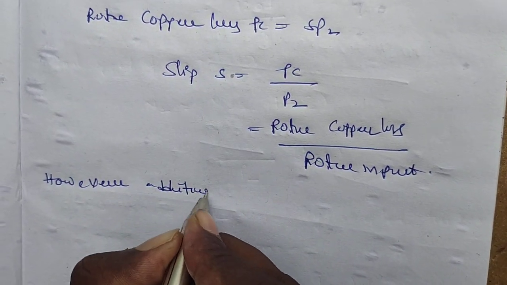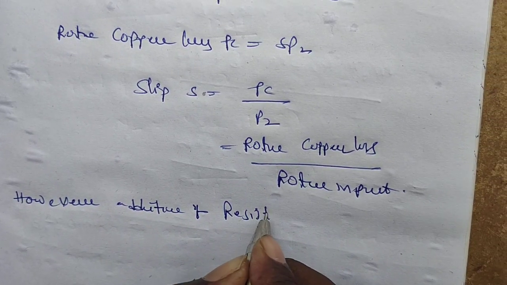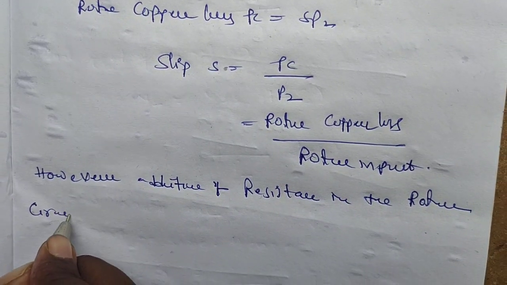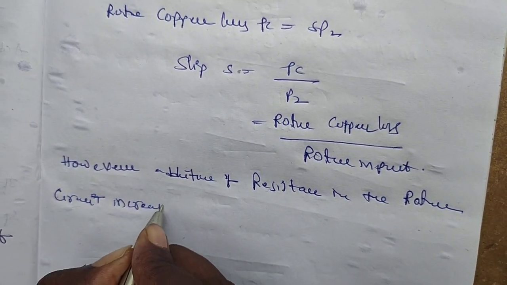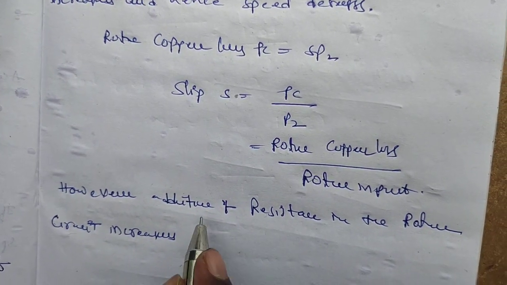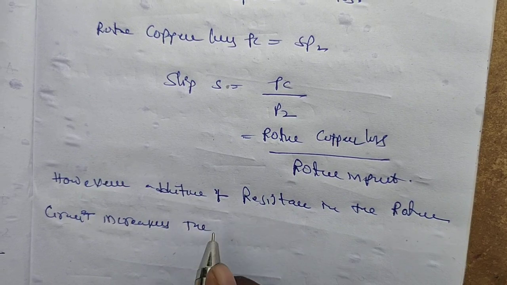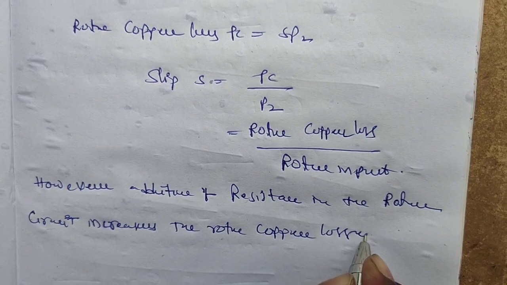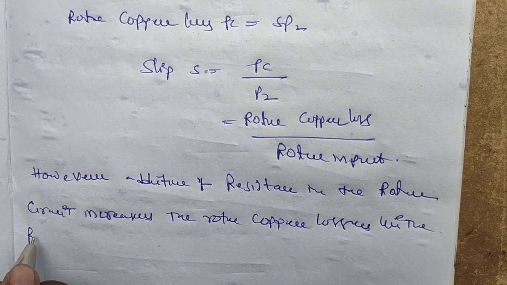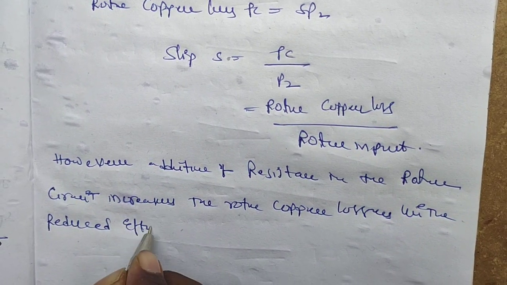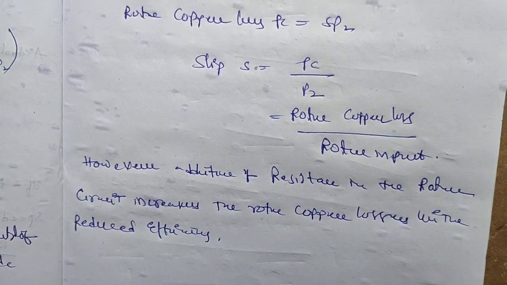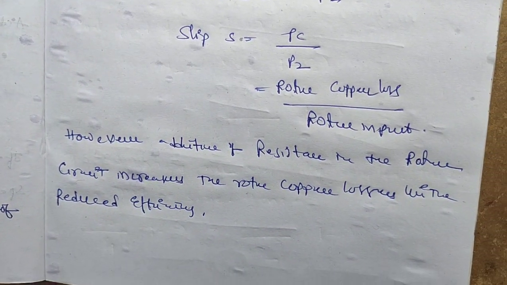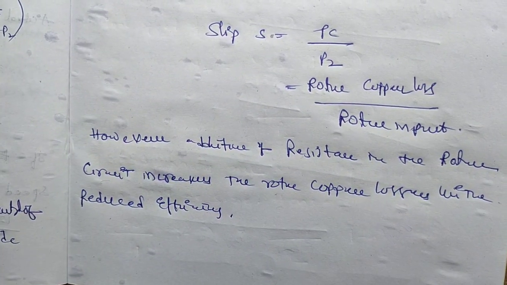Addition of resistance in the rotor circuit increases the rotor copper losses, with reduced efficiency. That means if you increase the rotor resistance by injection, the rotor copper loss increases because the resistance value increases, which reduces the efficiency.